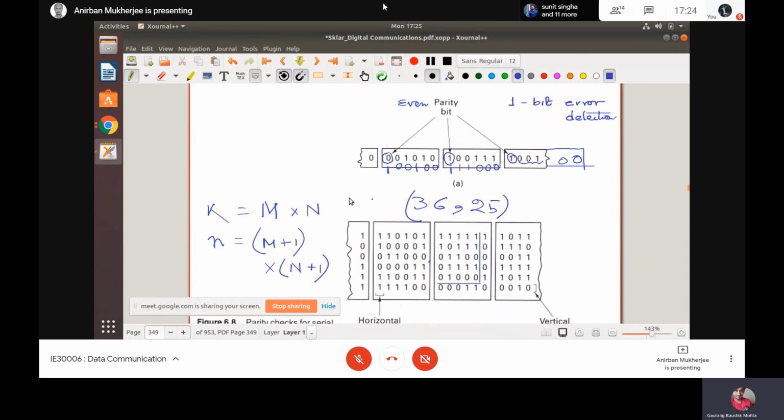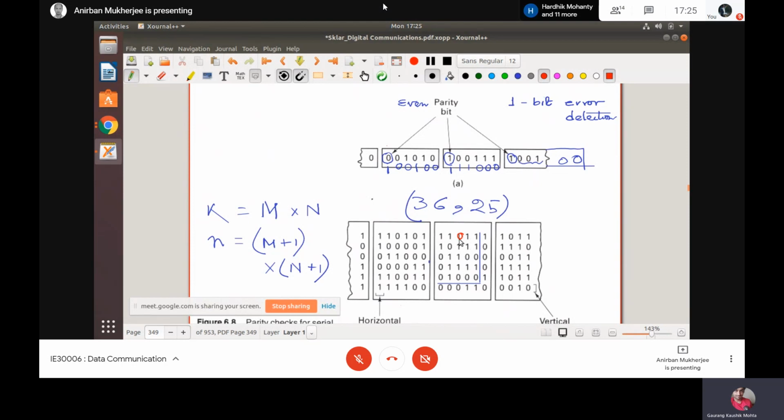See, how can I detect error? Say in this block I already have 2, 4, 5 number of ones. Say I have here some error. Then what will happen? But my parities are intact. I am considering that the error is only in the message.